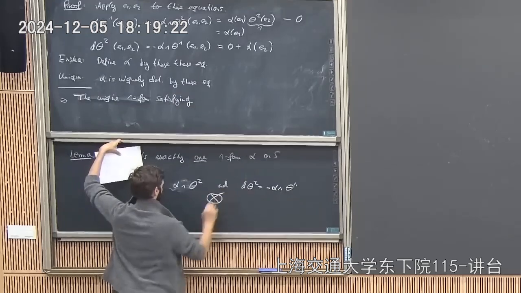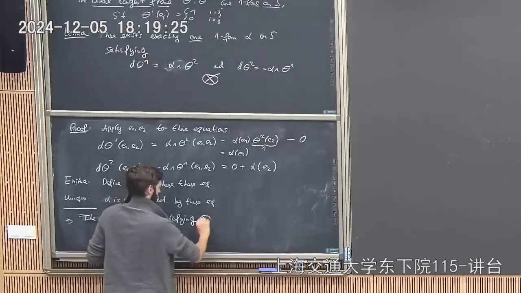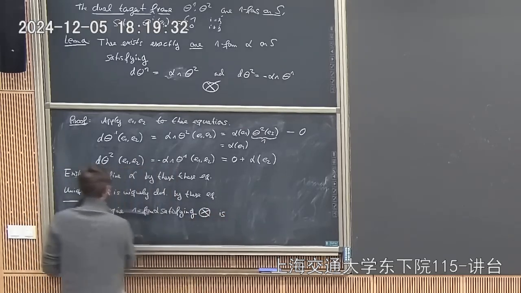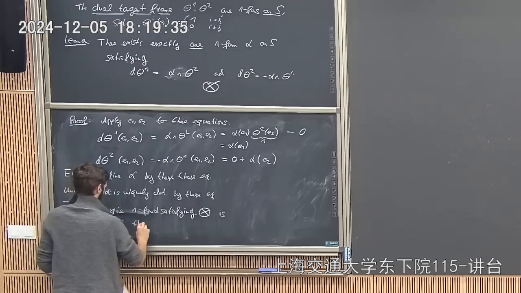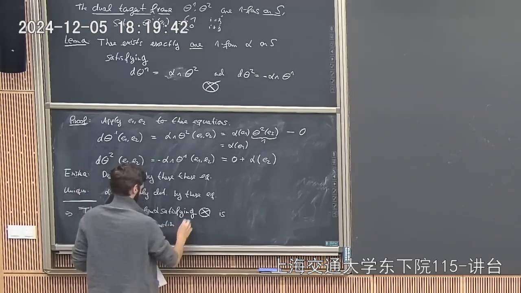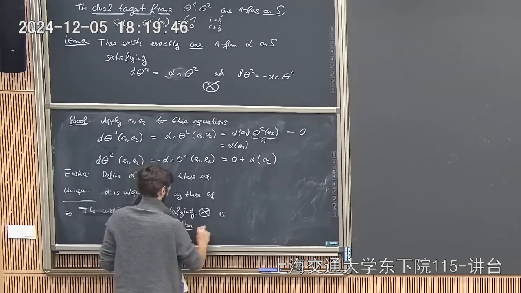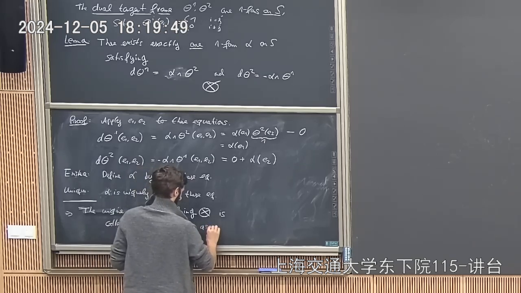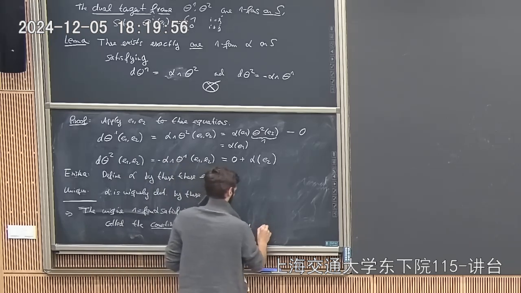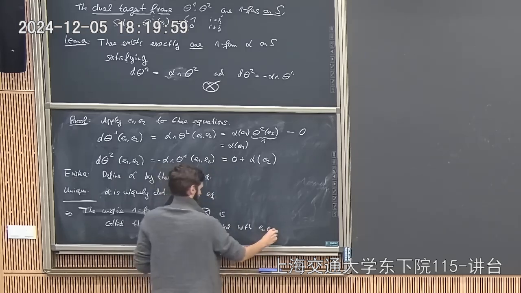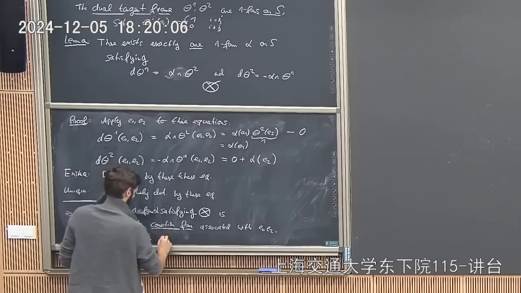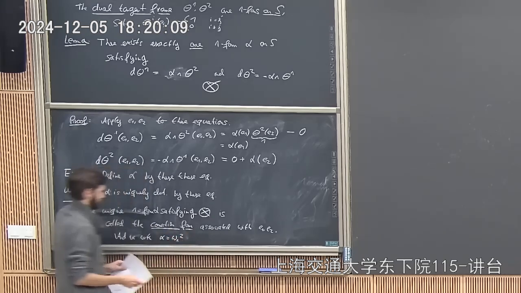Let's give them a name: the one-form alpha is called the connection form associated with E1 and E2. And we write alpha equals ω12.